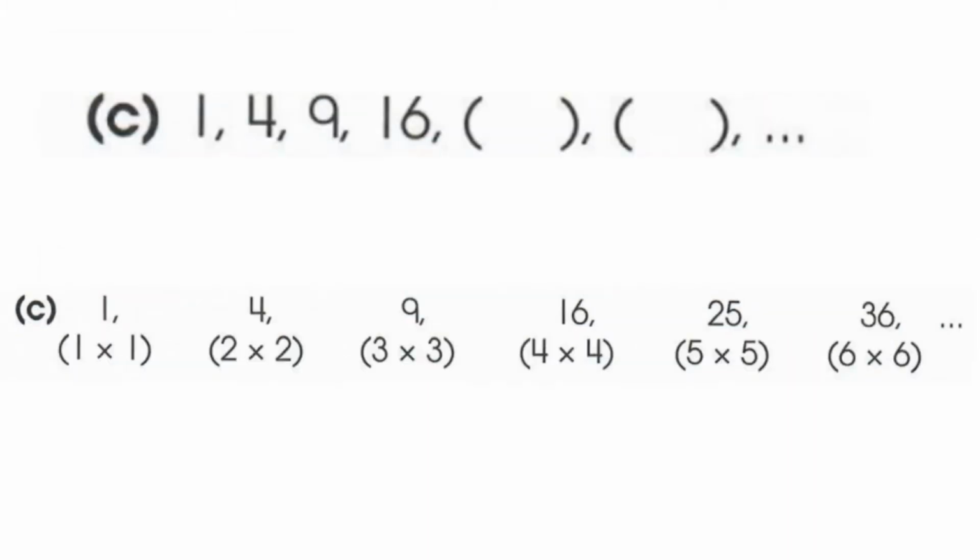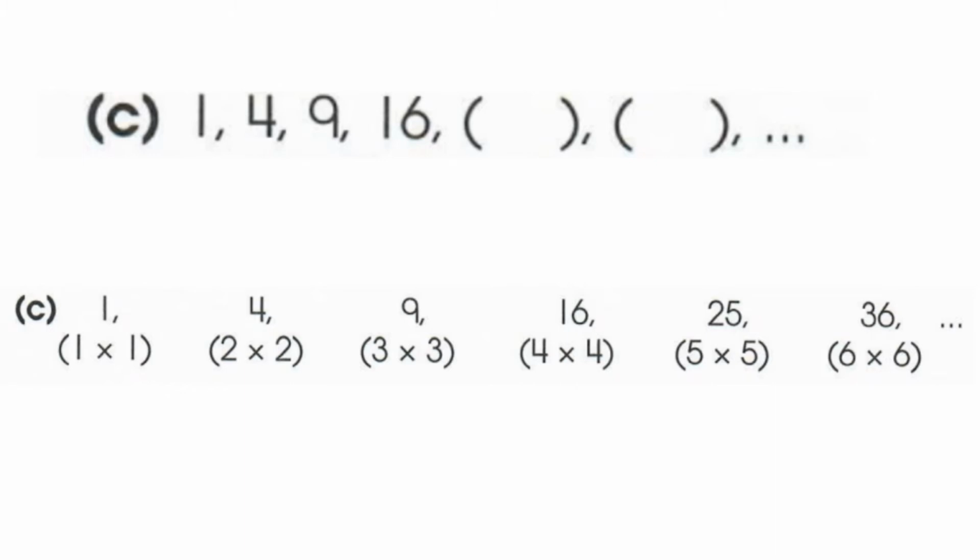In our next problem, letter C, we would be using different mathematical operations. Looking at the number pattern 1, 4, 9, and 16, and then the next 2 missing numbers, 1 would be using multiples of 1, and 4 would be using multiples of 2, 9 would be using multiples of 3, and 16 would be using multiples of 4.